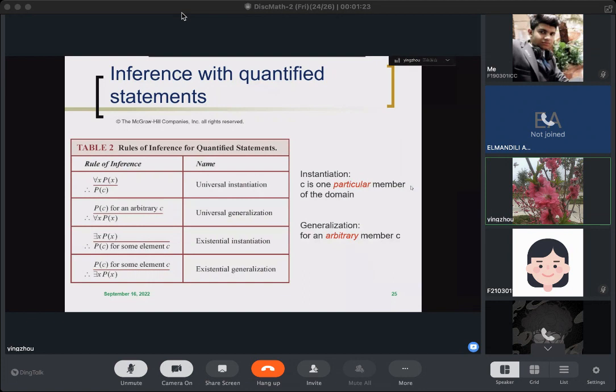But in computer computation, it just does inference.